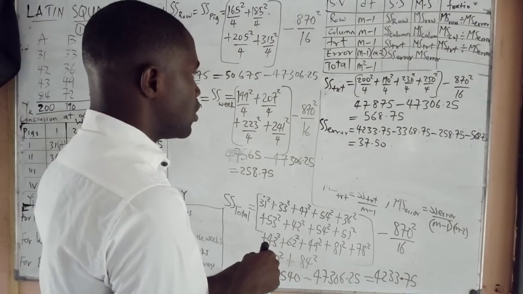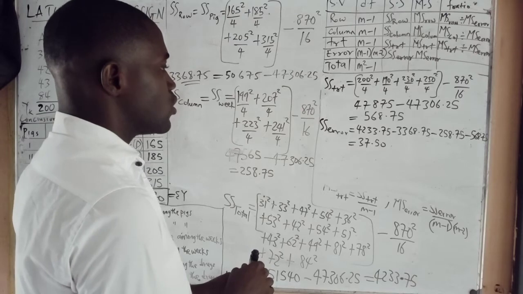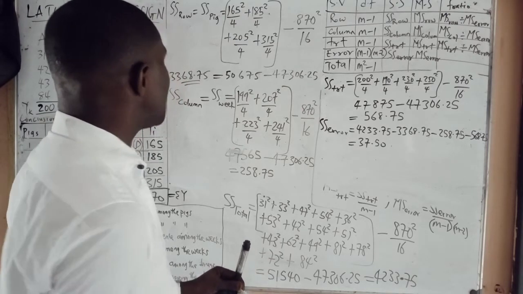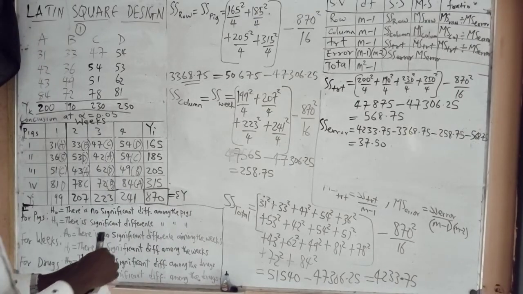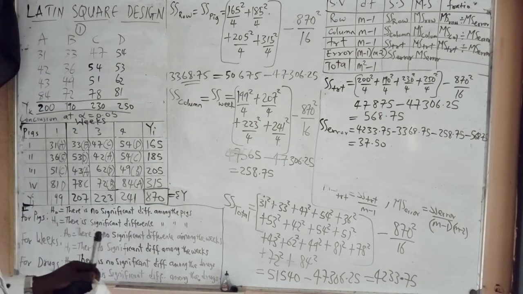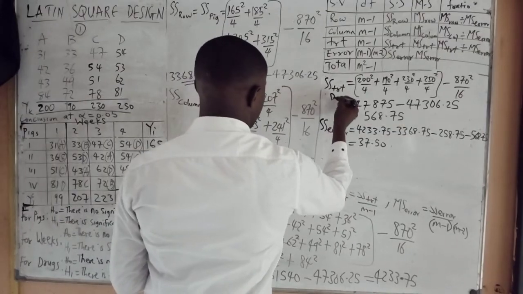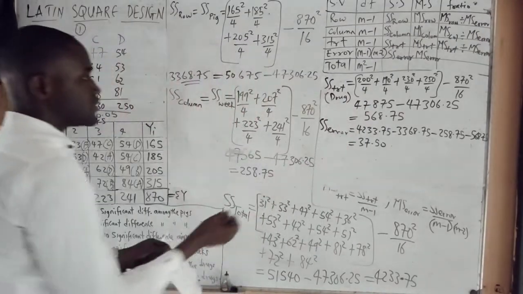So you have been able to get your SS error, SS treatment, SS row, SS column. Remember, SS row is one of peak, SS column is one of weak, SS treatment is one of drop, and the SS error is this.